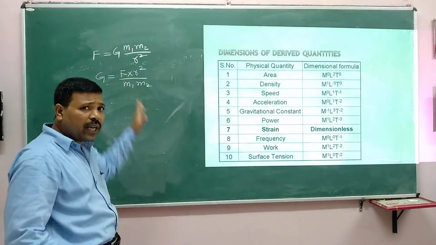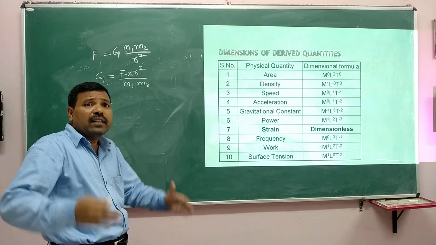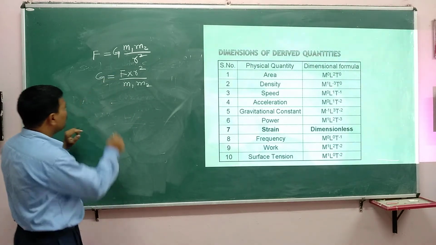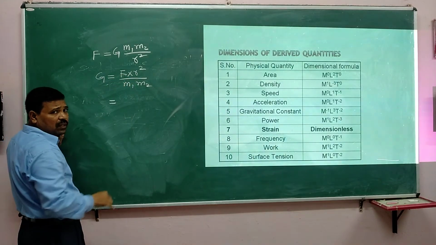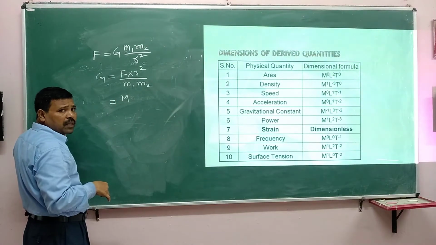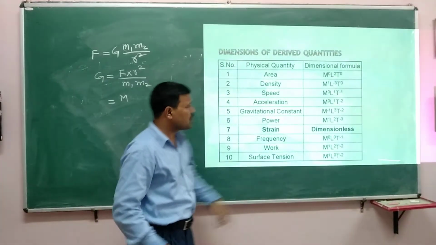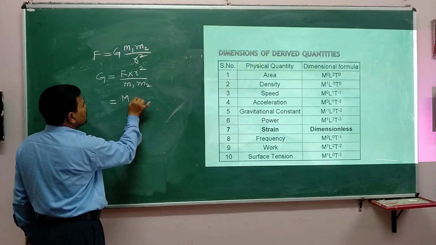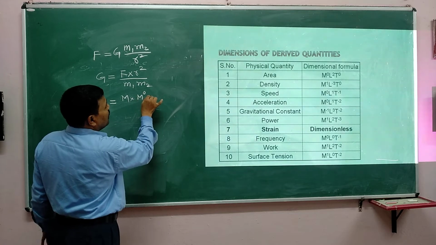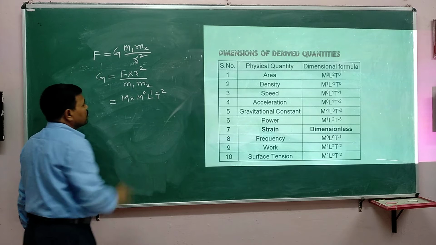First let us try to write the dimensional formula of force. We write that force is equal to mass into acceleration. Mass is M. Acceleration, just now we learned, is M raised to 0, L raised to 1 and T raised to minus 2.